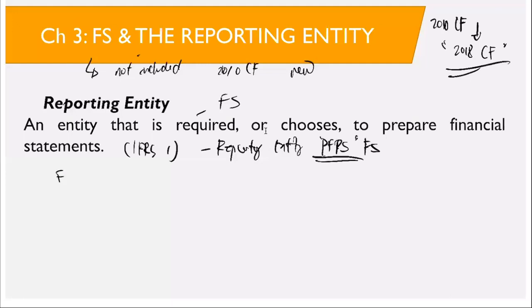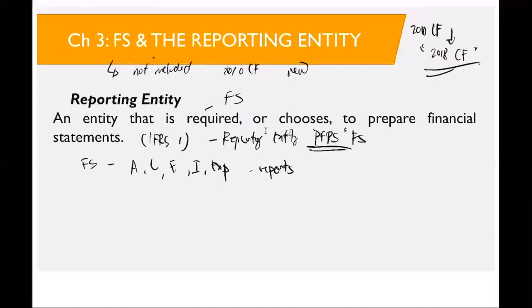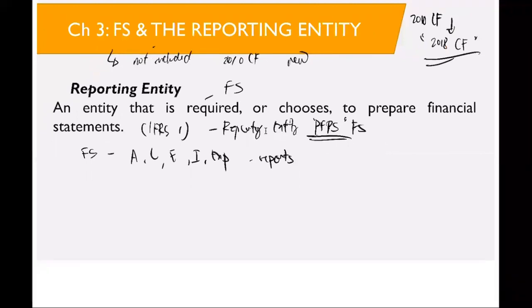What is a financial statement again? This provides for the assets, liabilities, equity, income, and expenses of a particular entity. Now take note, your financial statements under chapter 3 of your conceptual framework come in three types.